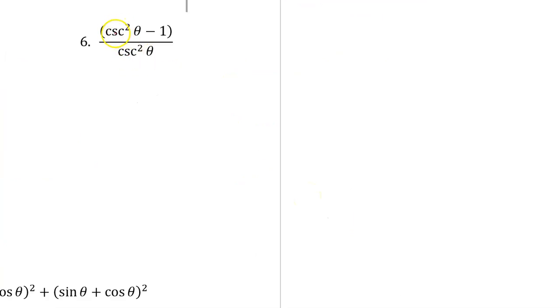Number 6, cosecant squared theta minus 1 reminds me of one version of the Pythagorean identity. It reminds me of the version that goes cotangent squared theta plus 1 is equal to cosecant squared theta. Let's see, so here we have cosecant squared theta minus 1.